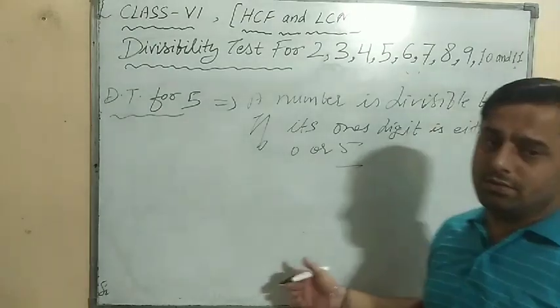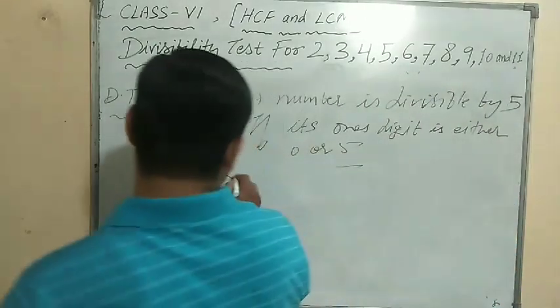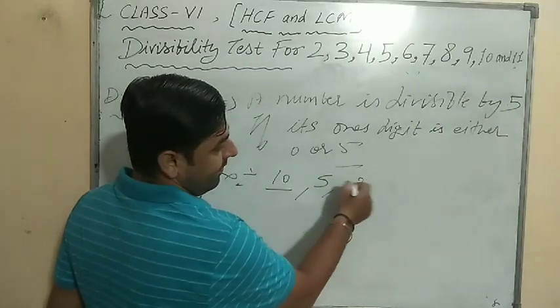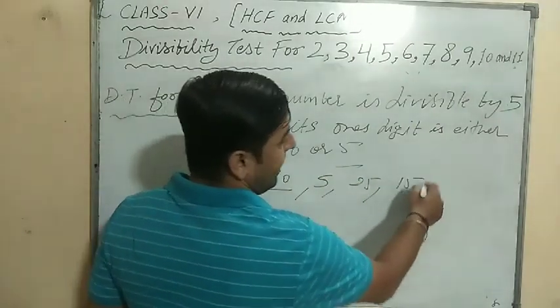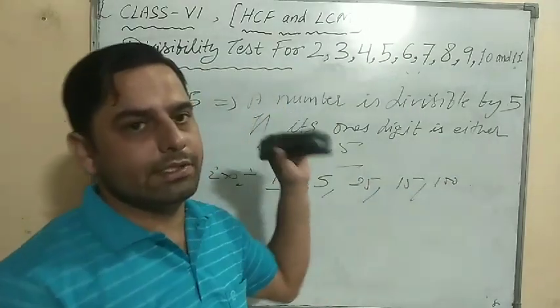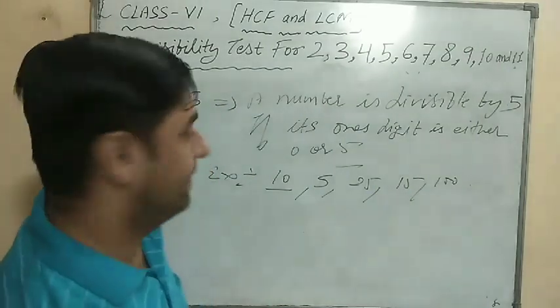Okay. Let's see examples: 10, 5, 25, 15, 100. These are examples of the divisibility test of 5.